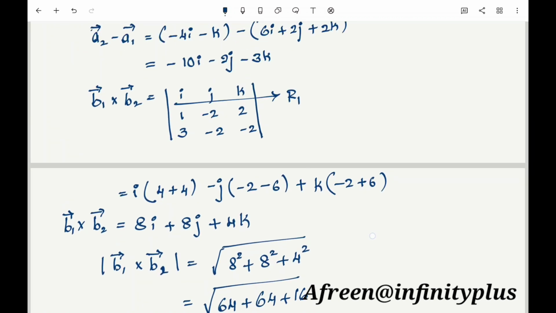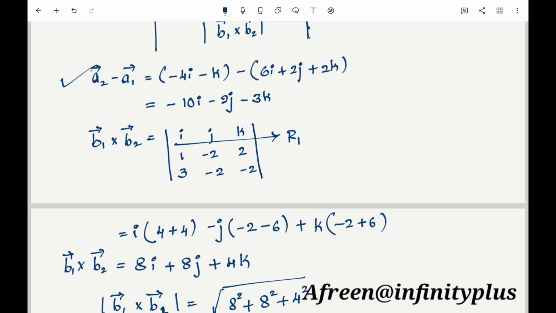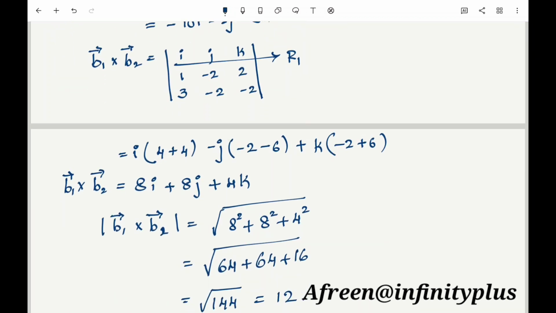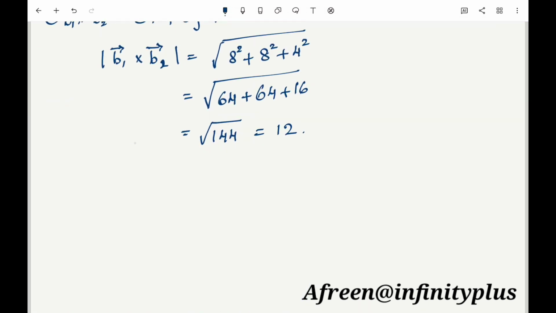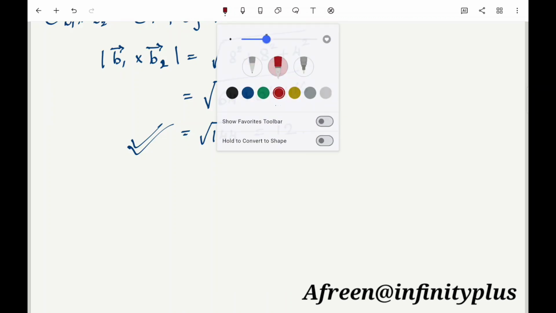Now you have got a2 minus a1, this one, and also b1 cross b2 vector, and also magnitude of b1 cross b2 vector. Let's substitute in a formula.